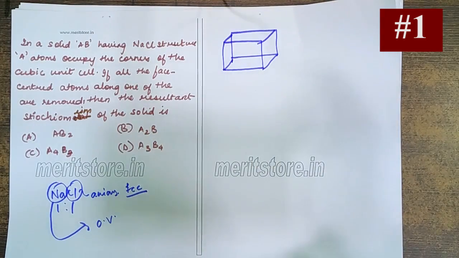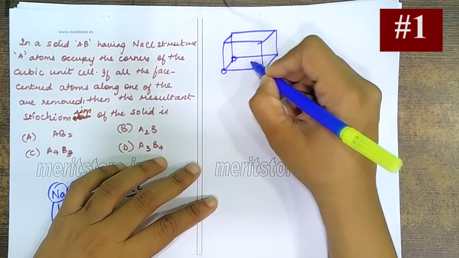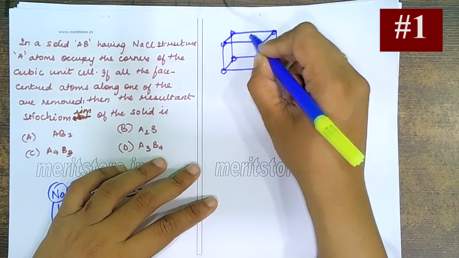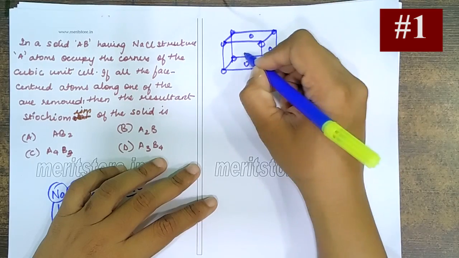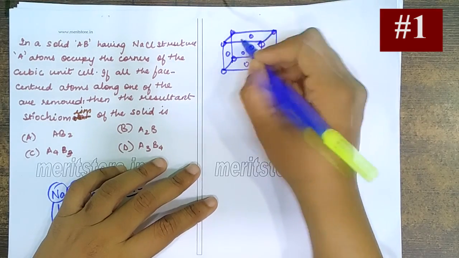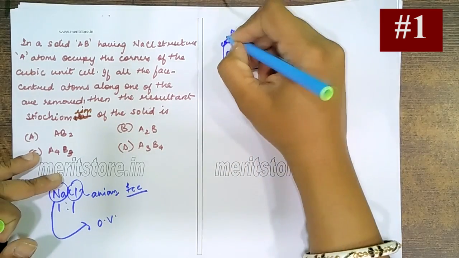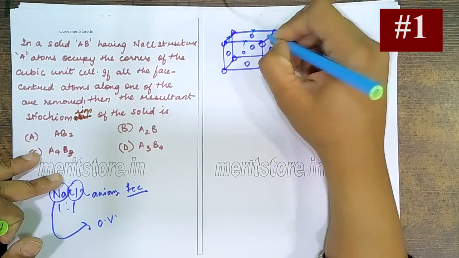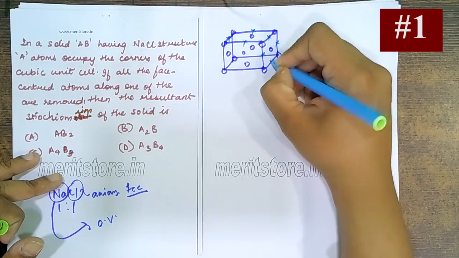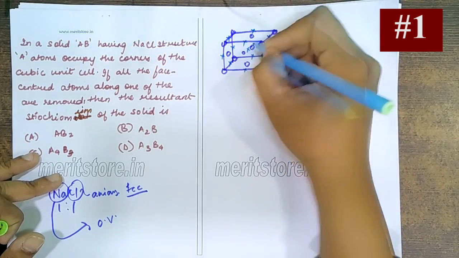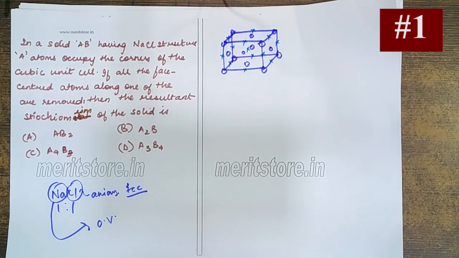In this FCC structure, the Cl minus ions will occupy the corner as well as the face center positions, while the octahedral voids, that is the edge center and the body center, will be occupied by the sodium.